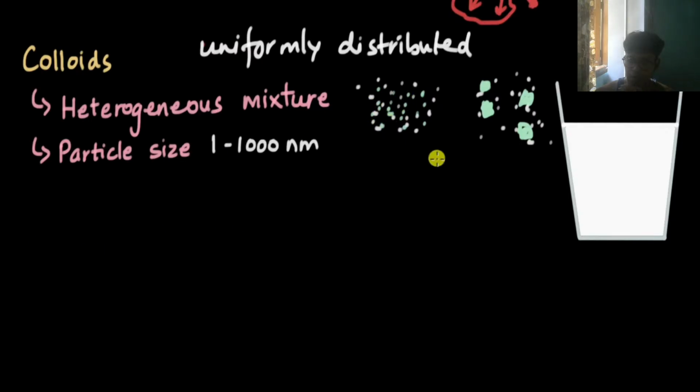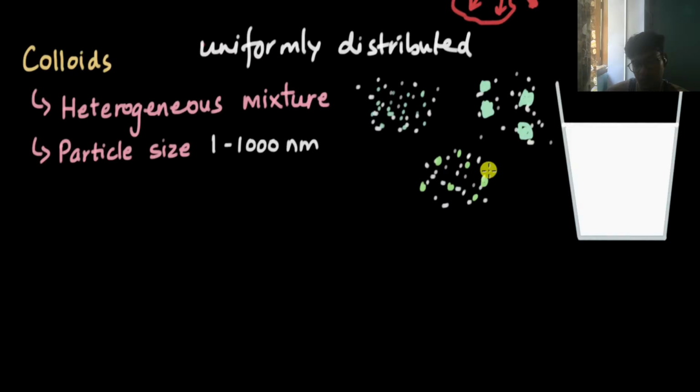In a colloid, if you have these water, solvent molecules or water molecules, then the particles are not individually taking up space in between these solvent molecules, but also they are not as large as the suspension particles. These are still very tiny blobs or clumps of particles, but they are not entirely dissolved in the solvent, right?